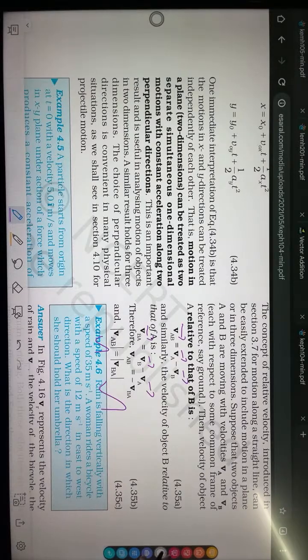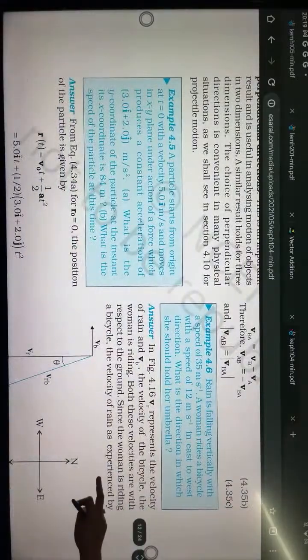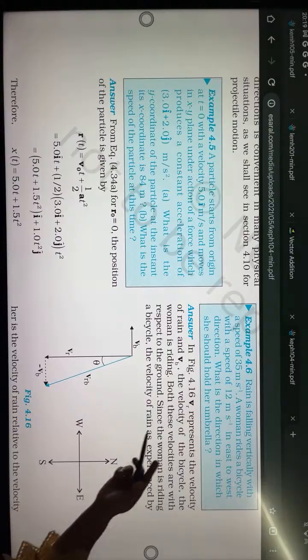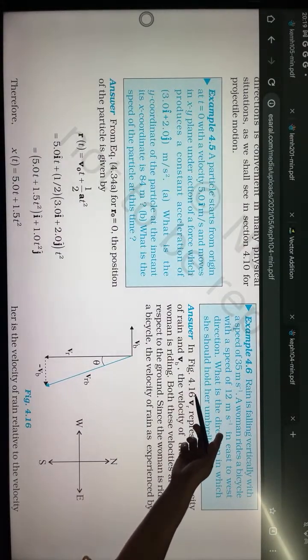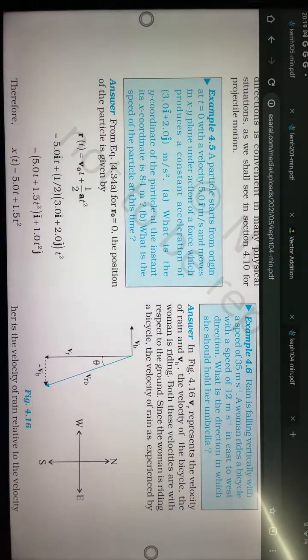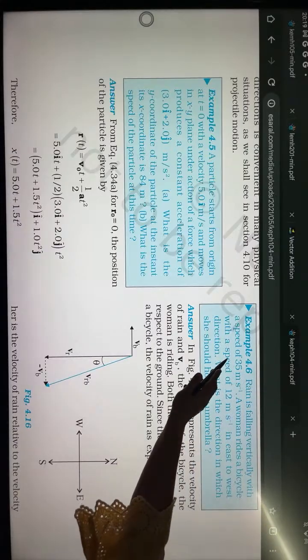Then this rain problem is very, very important for you. Listen carefully. Based on this, I will give you so many problems. Rain is falling vertically with the speed of 35 meters per second.